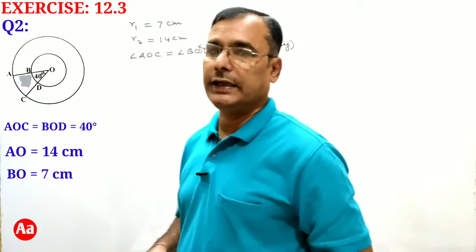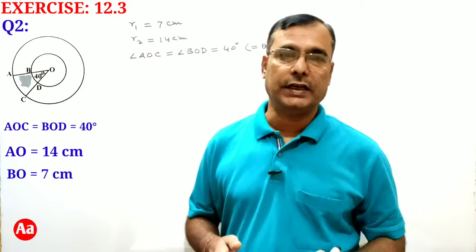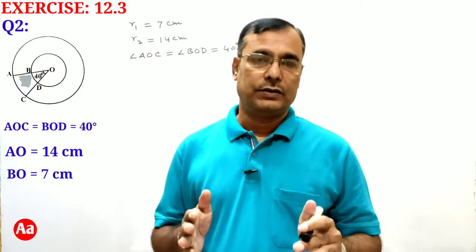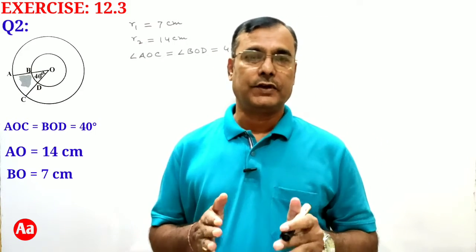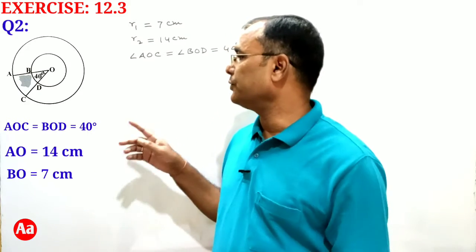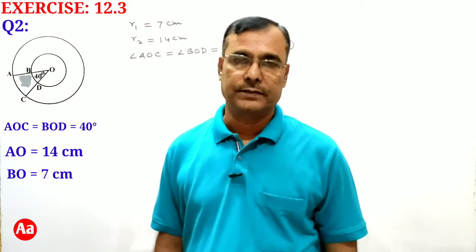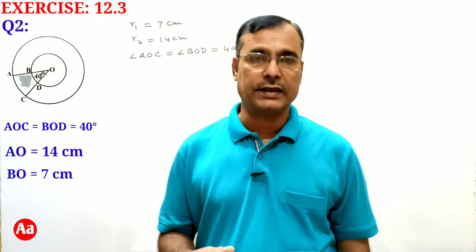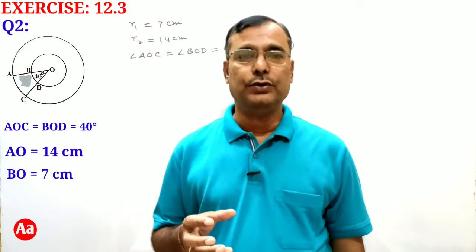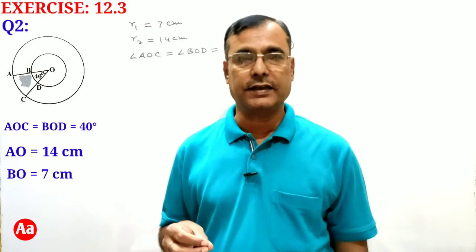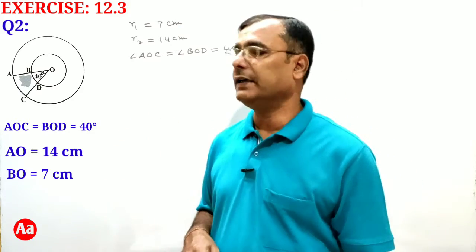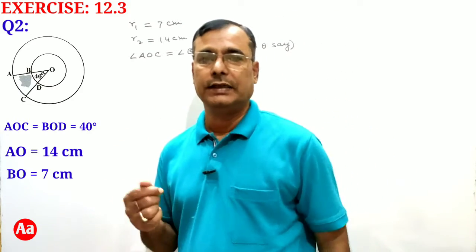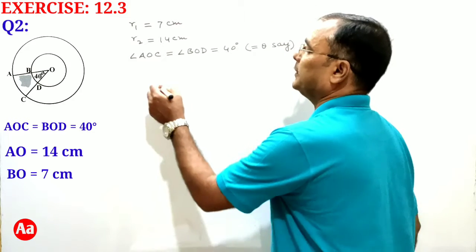We have to find area of the shaded region which is enclosed between sectors of concentric circles AOC and BOD. AOC is sector of outer circle, BOD is sector of inner circle with center O, and radii 14 cm and 7 cm respectively.